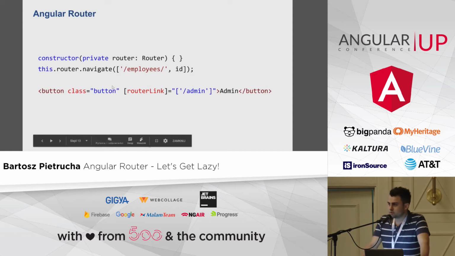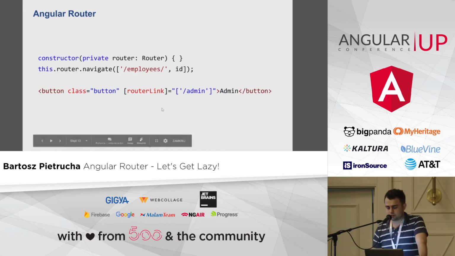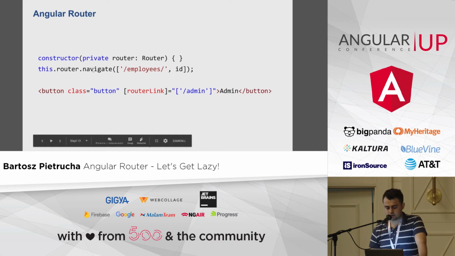The second possible solution is to use a router link directive in your HTML template, and then you pass the particular URL that you want to go to. So we have two possible cases, declaratively with the router link and imperatively with the router navigate.